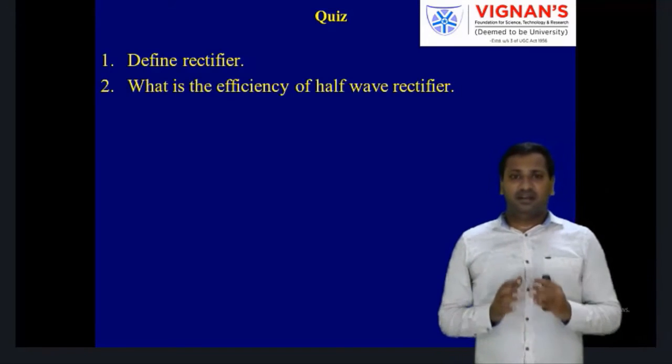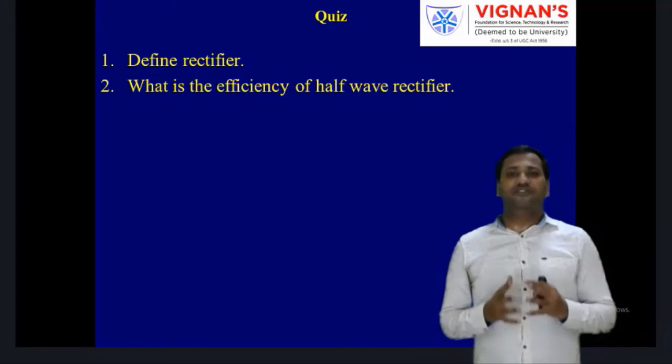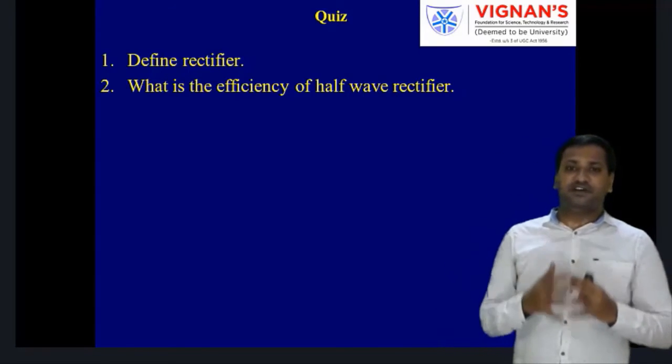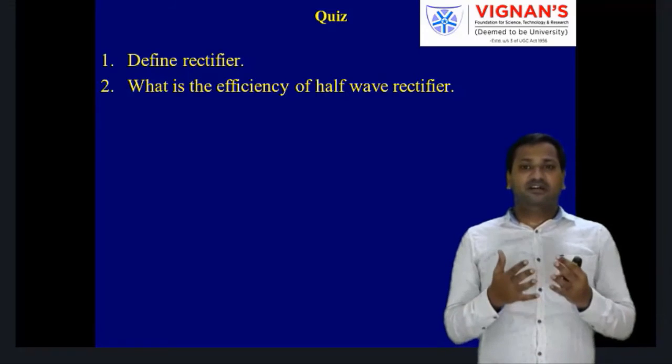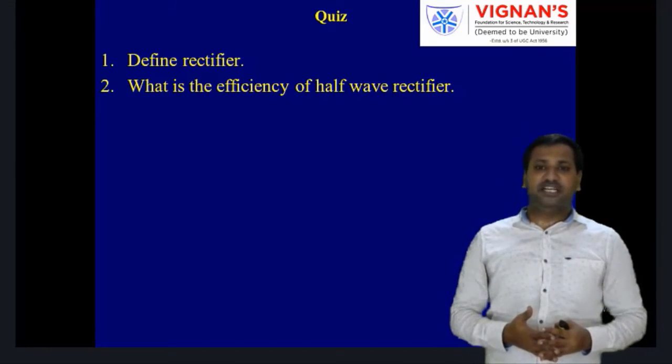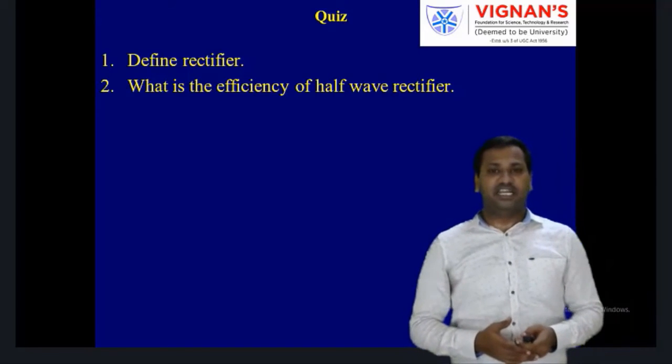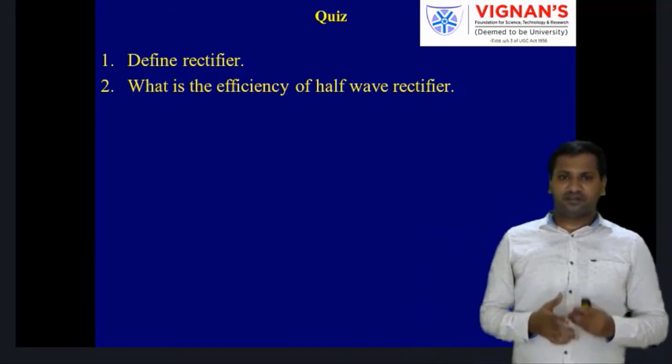Next one, the efficiency of the half wave rectifier. We found the efficiency of the rectifier and derived its value, which comes to around 40.6%. You can go through the efficiency calculation of that rectifier.